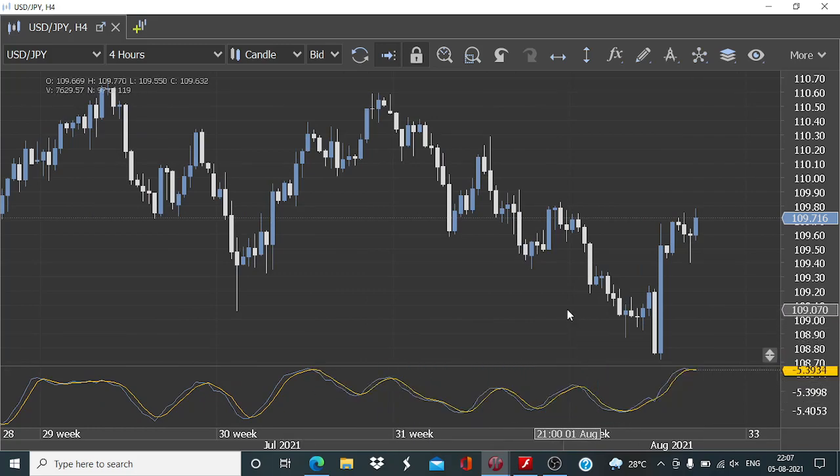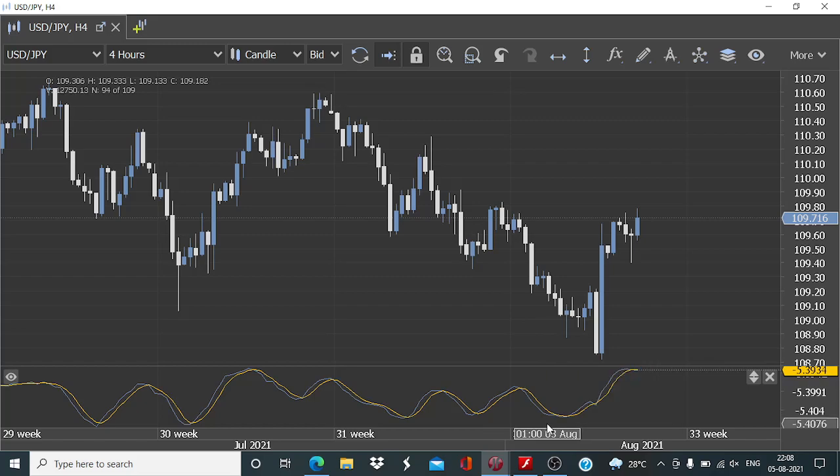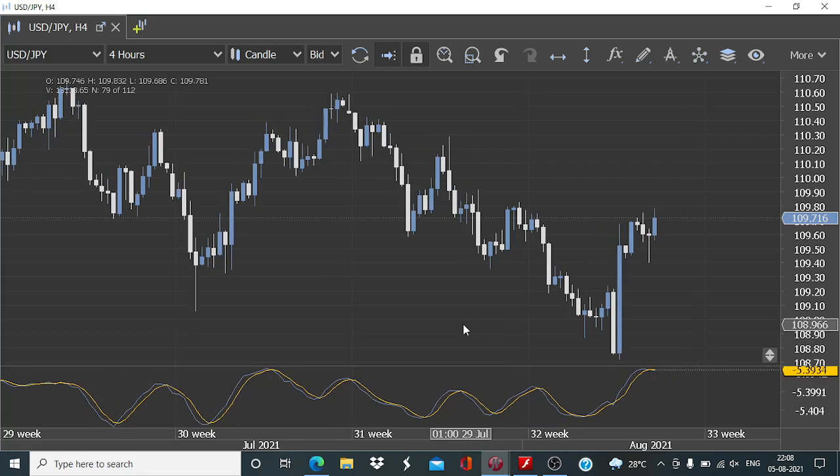So we will take the last 4 hourly candle's output values for the signal line and the center of gravity line and compare them with the formation a day back. For that we will have to use a look back period of 6 on the 4 hourly time frame. So we will be going back 24 hours in time to look at the formation.